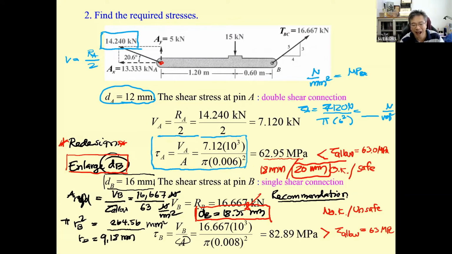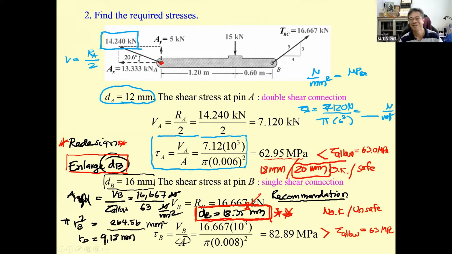When you go to buy it, you're going to buy the bigger one. And I should note that if the instructor didn't say to go to the store and buy the correct diameter, you have to answer it with what you get from your calculator. Okay, everybody, you're supposed to be okay with me, right?